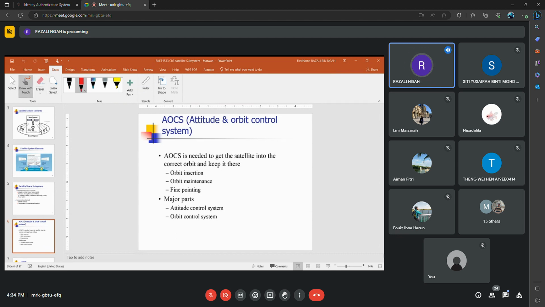Altitude is a position, so this refers to the height of a satellite. Attitude refers to the orientation of the satellite.